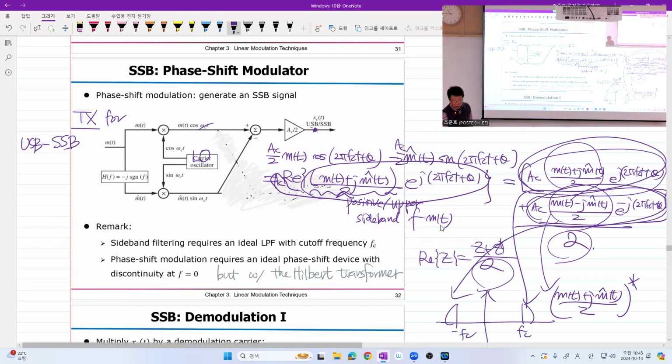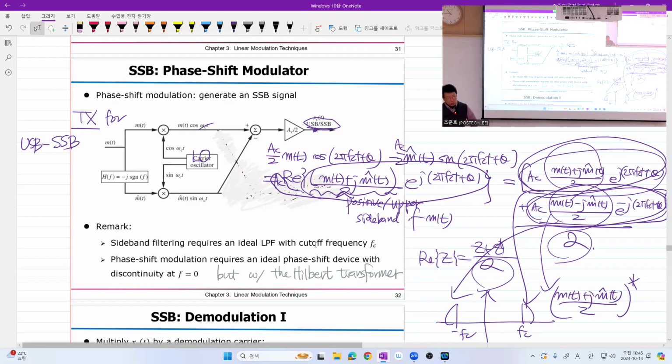That's why you have an upper sideband tuned single sideband signal. Got it? And you can do the same thing for the lower branch. At the output of the lower branch, you will have a single sideband signal that has lower sideband tuned. Got it? So that is the idea.